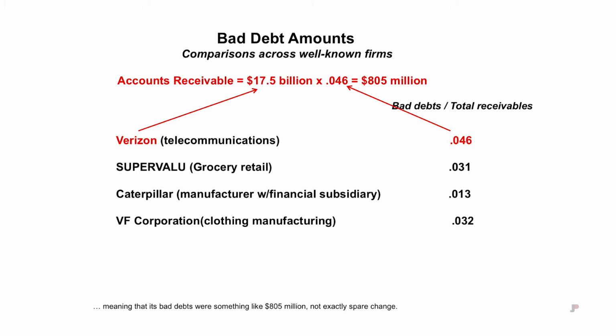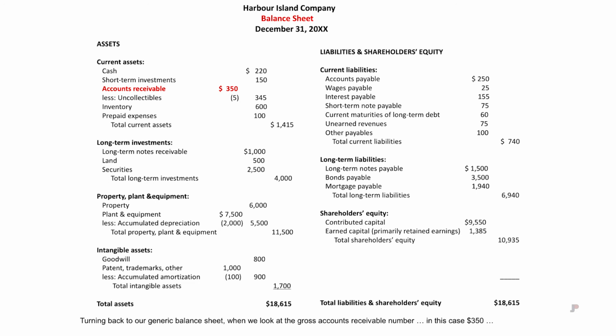Not exactly spare change. Turning back to our generic balance sheet, when we look at the gross accounts receivable number, in this case $350, we know that it is an overstatement of the amount of cash the company can expect to collect.